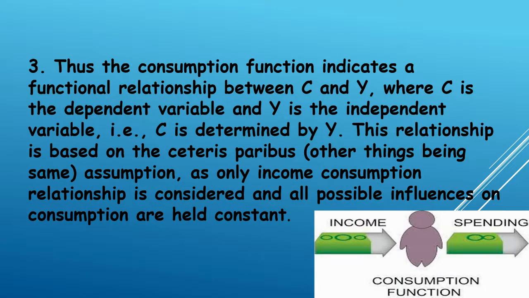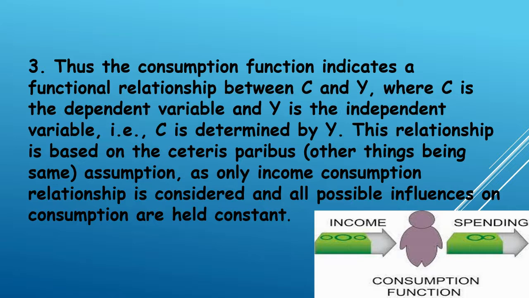Further, consumption function indicates a functional relationship between C and Y. C is consumption and Y is income, where C is the dependent variable and Y is the independent variable. Consumption is depending on income. If income is high, consumption will be high. If income is low, consumption will be low.